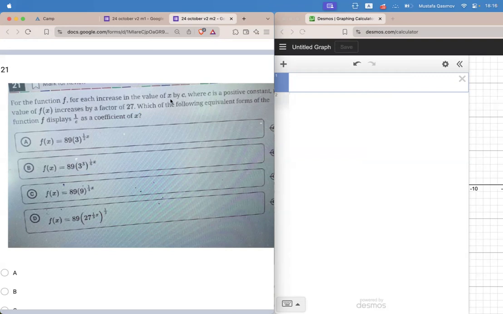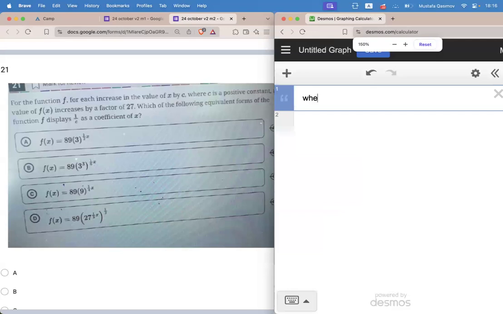It says that when x increases by c, then f of x increases by 27.